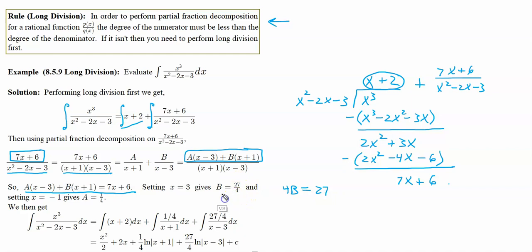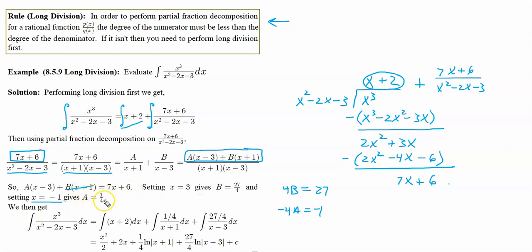And then putting negative 1 in for x, this term will drop out, and you'll get A times negative 4 equals negative 1. And so A is 1/4.